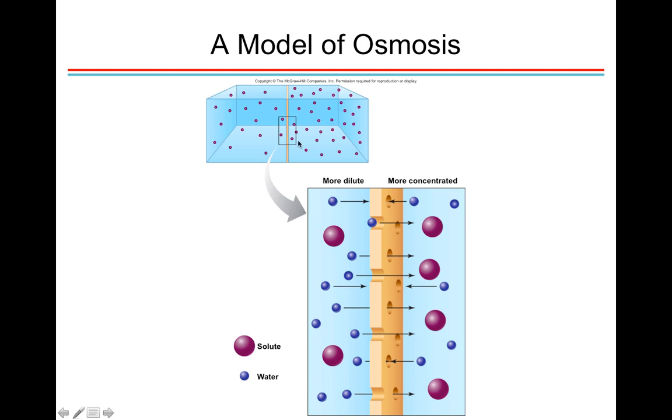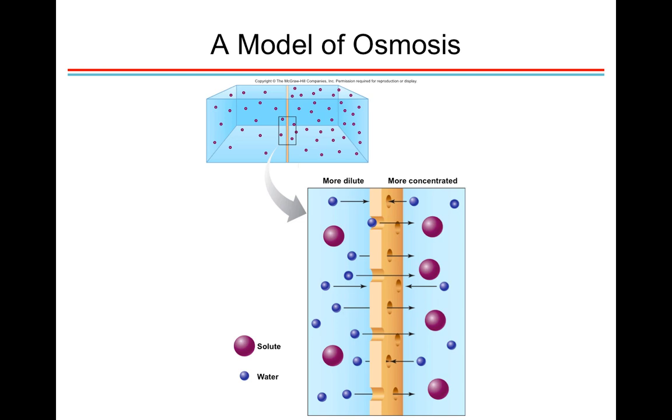So you probably notice that there's more solute in the right compartment than the left compartment. And the semi-permeable membrane will not allow these solute balls to be passing through the two compartments. But what can pass through is water, because the holes are small enough for water, but not small enough for these bigger molecules to pass through.